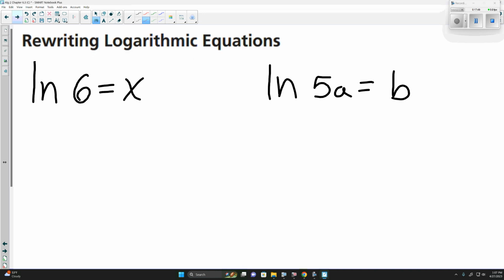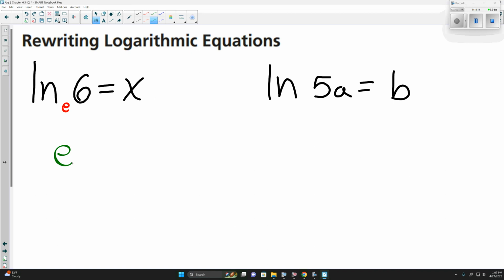So let's look at this first one here. Once we see this, it'll start making sense. For the first one, I'm going to write e here. So our base, ln of 6, ln base e of 6 is equal to x. So our base is e.